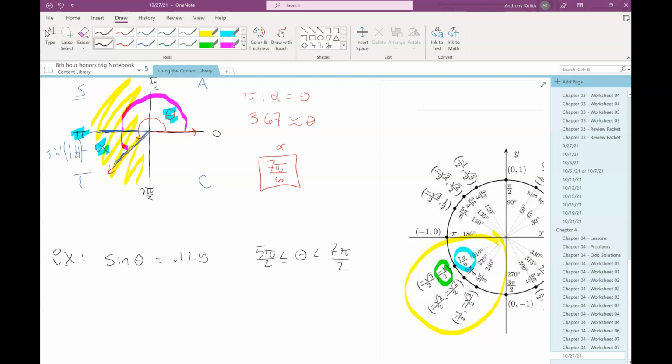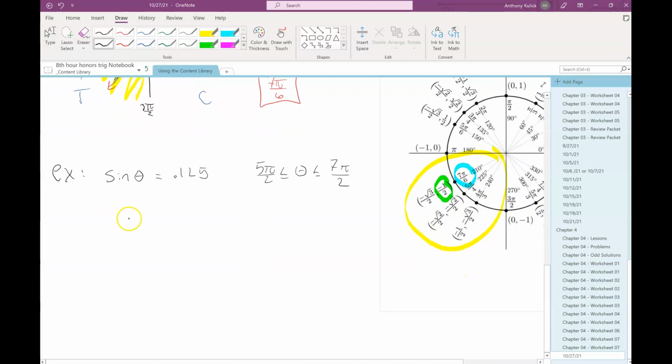Everybody so far so good? So I'm going to start by drawing my picture and figuring out what quadrants are 5 pi over 2 to 7 pi over 2. So half a pi, 1 pi, 1.5, 2, 2.5, that's 5 pi over 2.